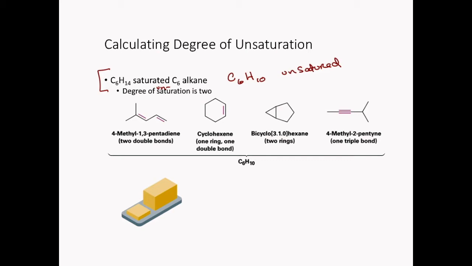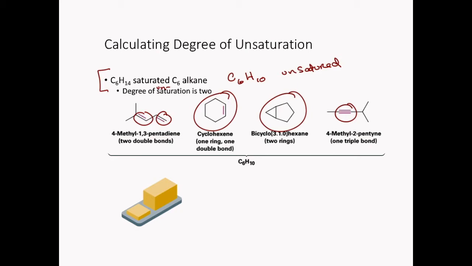And here are the possibilities for the formula C6H10. It could have 2 double bonds, it could have 1 triple bond because each pi bond is worth 1 degree of unsaturation. It could have 2 rings, because 1 degree of unsaturation is either a pi bond or a ring, or it could have a ring and a double bond.